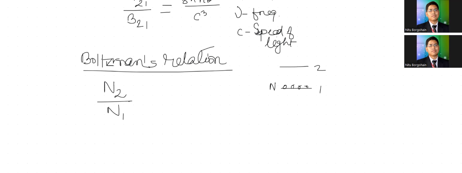So N1 is the total number of atoms present in state 1, and N2 is the total number of atoms in state 2. So N1 and N2 are nothing but the population. That is why it is also called the population ratio. So N2 by N1 is equal to exponential of minus E2 minus E1 divided by KT.